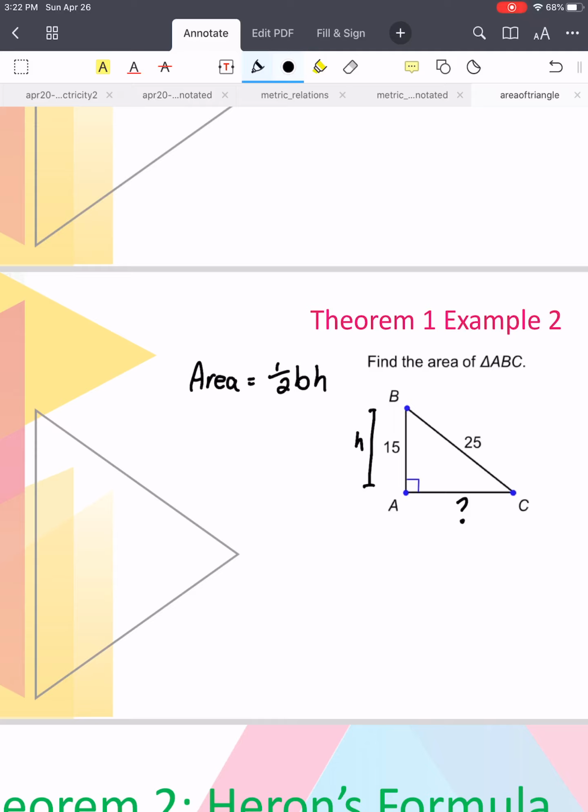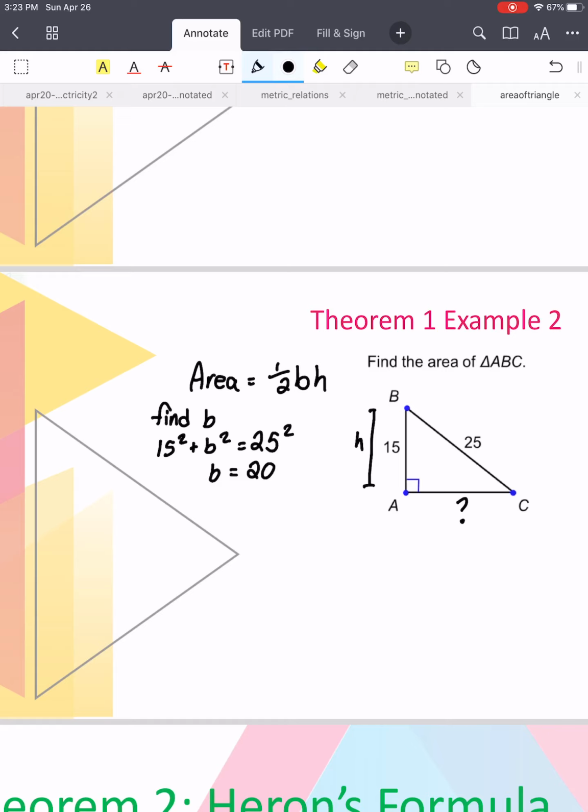Absolutely. Since it's a right triangle, we can use Pythag, so we can find B. 15 squared plus B squared is equal to 25 squared. If you do that, 25 squared minus 15 squared, the square root of that, check with your calculator, but you get that B is 20.